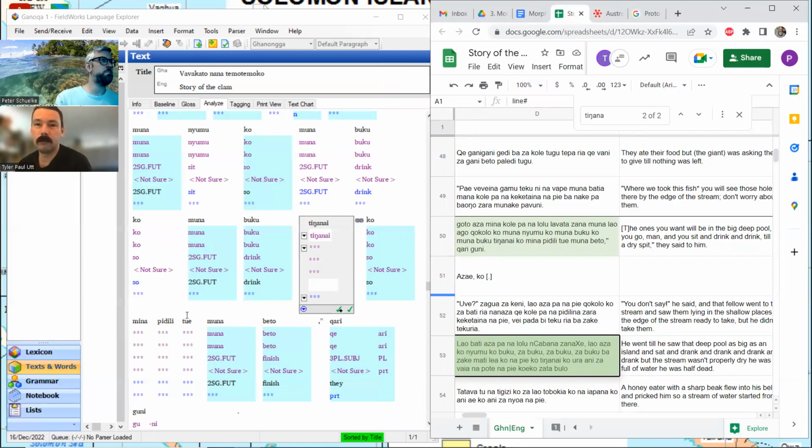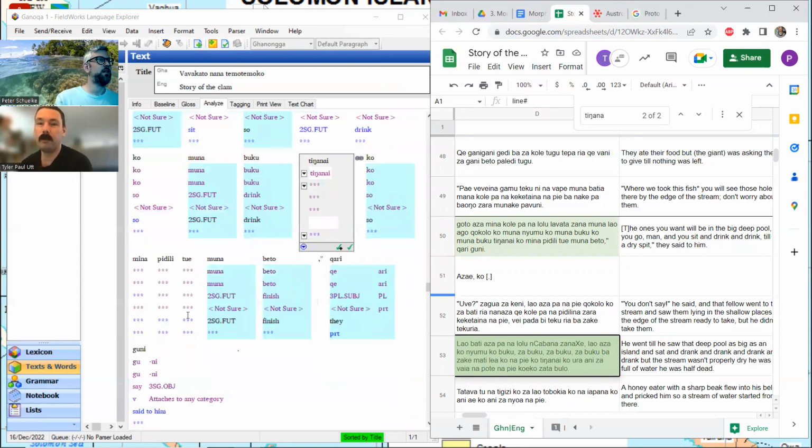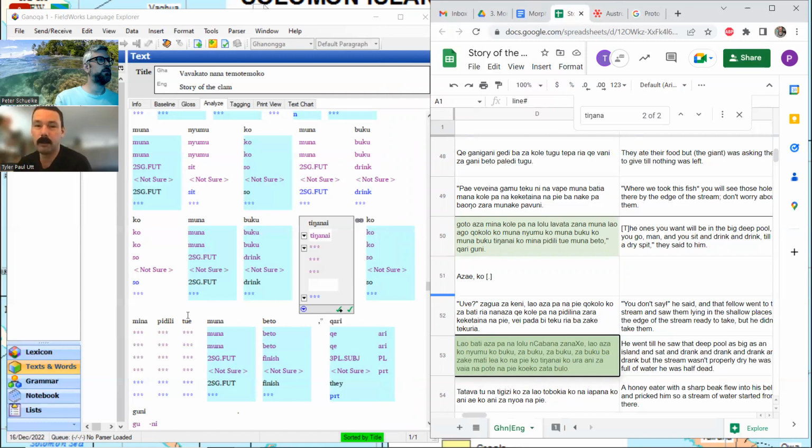It's got to be Pindili Tue or something like that. I think the Tue would be echoic. I think it's mimicking the sound of spitting. So you think it's an onomatopoeia? Something like that. I am surprised they used the word dry spit because I don't know what that means other than that it's dry and in the context must mean not a dry river.